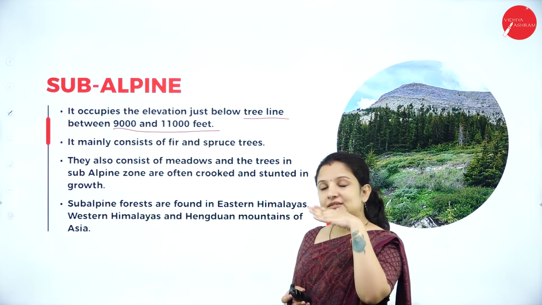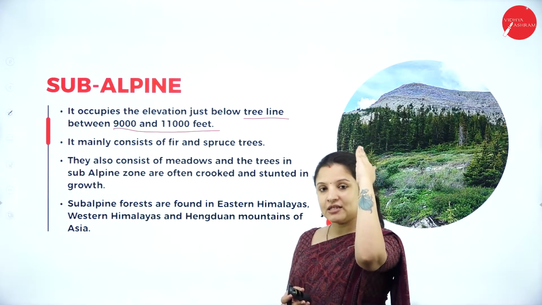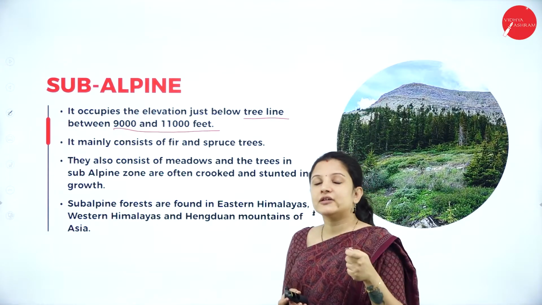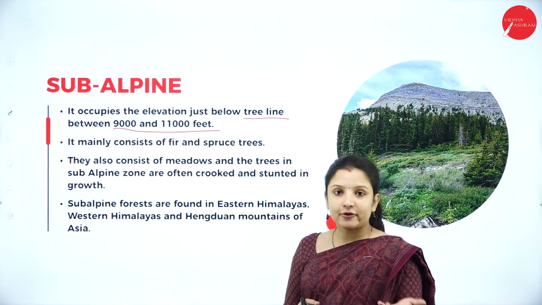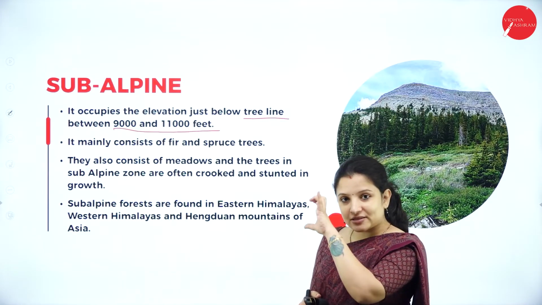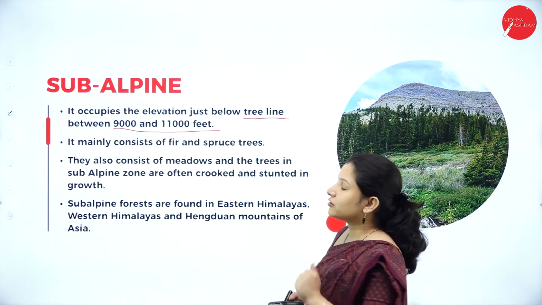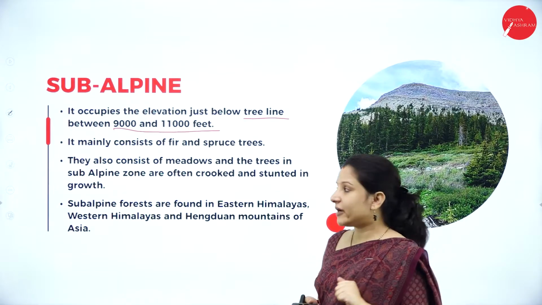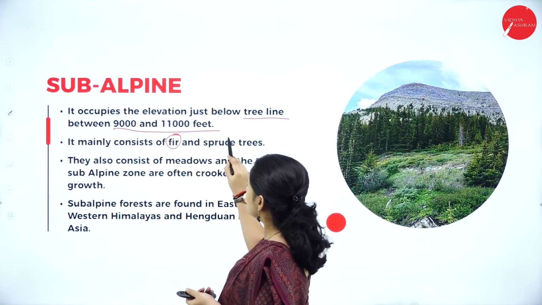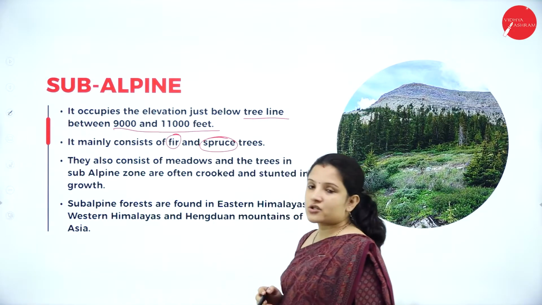That is, it is made up completely of coniferous trees, just below where the tree line starts. Coniferous trees means pines and all that, they are conifers, right? So where they start, just at that point, there is one region called the subalpine region of biodiversity, and it mainly consists of trees such as the spruce and the fir trees.